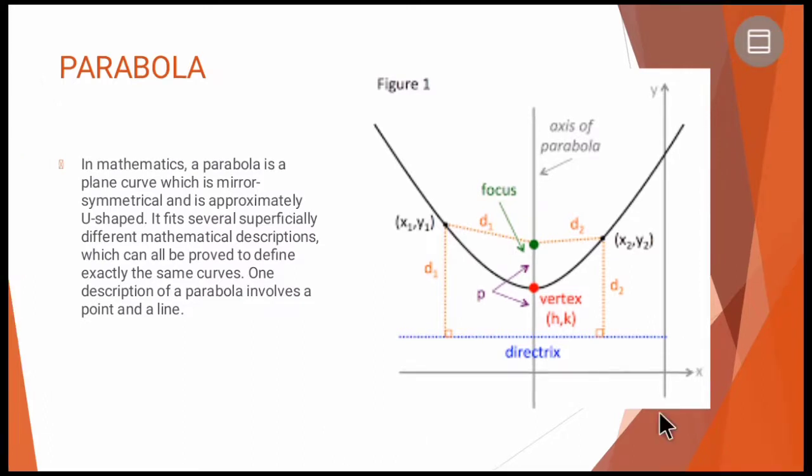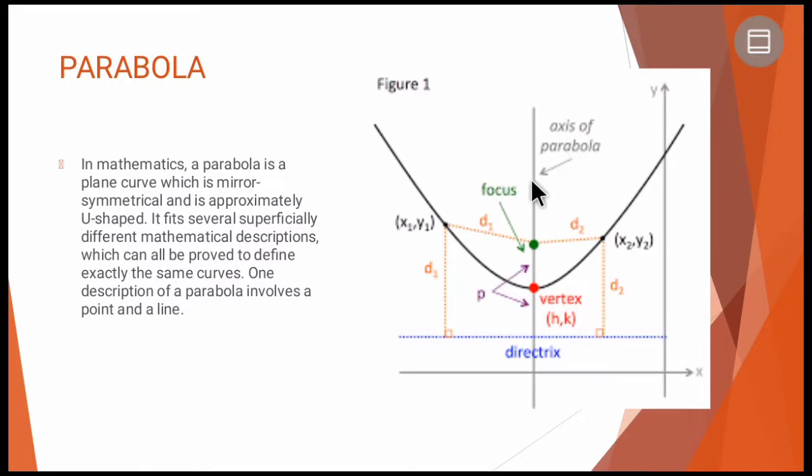As you can see in this graph, the description says it is U-shaped, right? It looks like the letter U. Then you will determine the vertex, the focus, the directrix, and the axis of the parabola, depending on the equation.